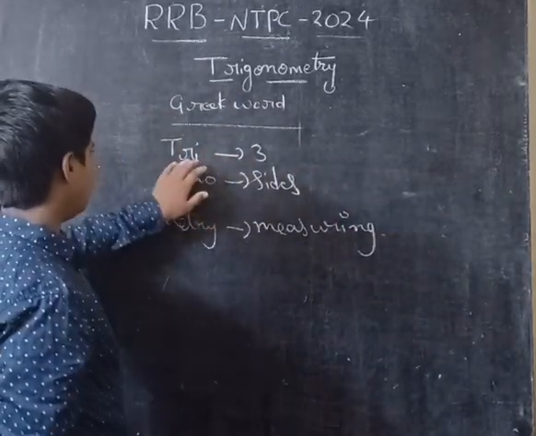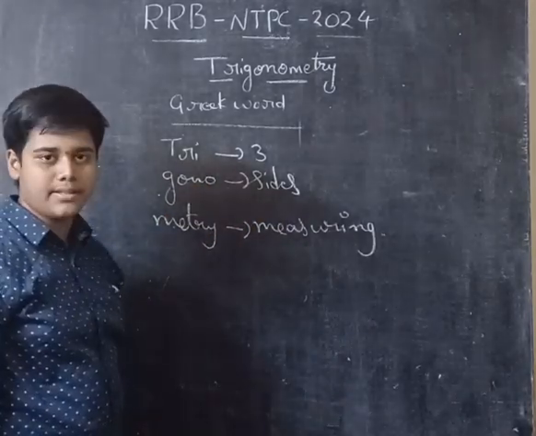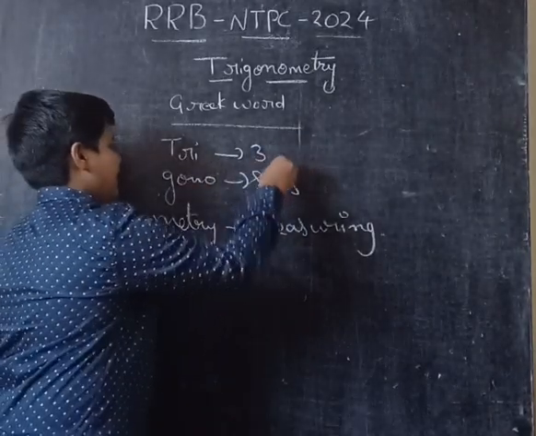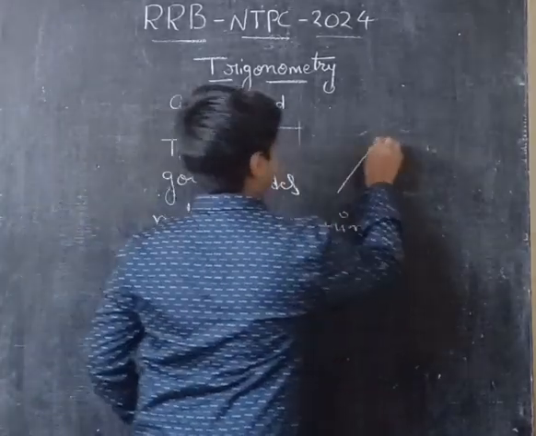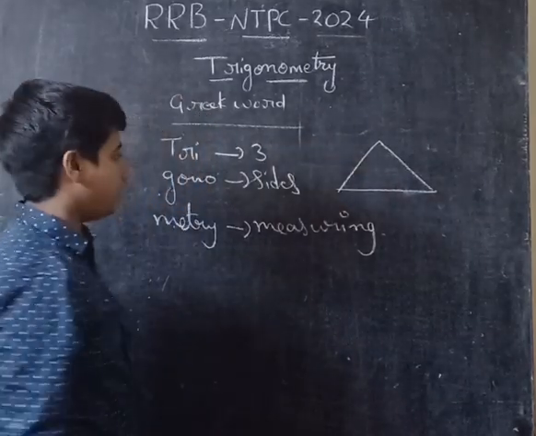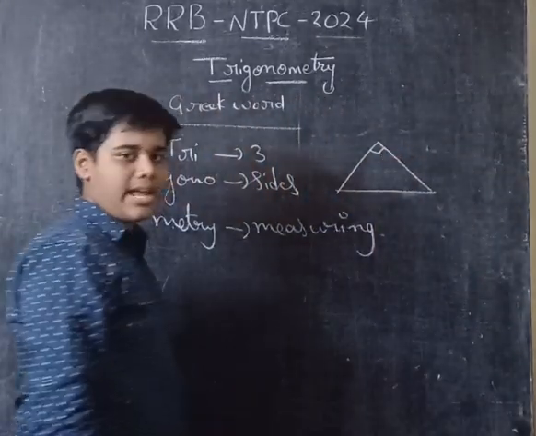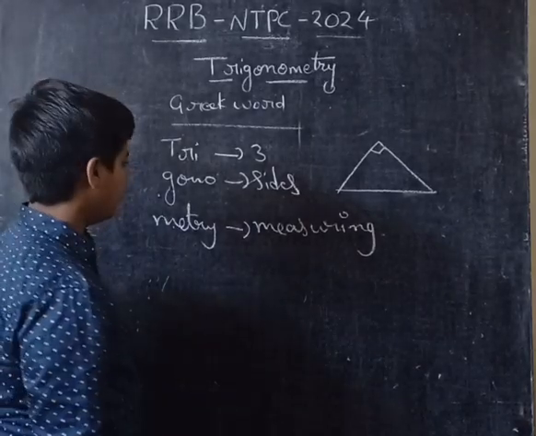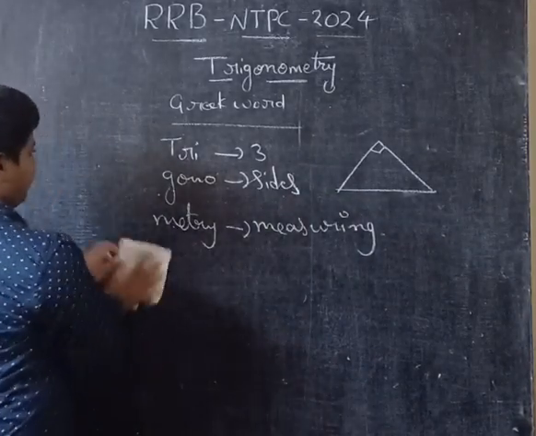So it is known as three-sided measuring, which means a triangle, which has three sides. The main triangle of trigonometry is the right angle triangle. So this is the Greek origin of the word trigonometry.